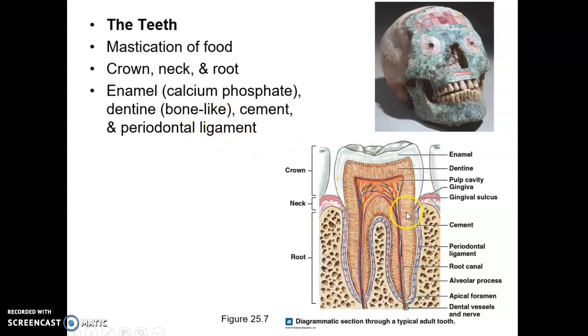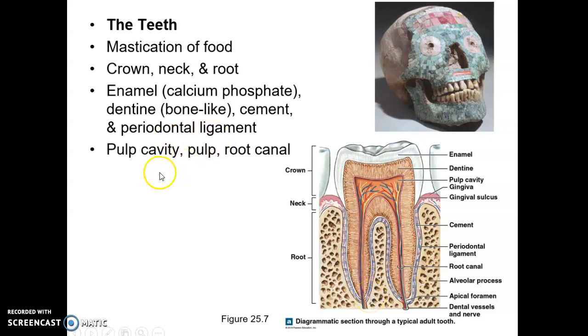And then covering the roots, or root, is cement, which helps anchor the tooth to the tethering periodontal ligament, which is kind of in blue here. The periodontal ligament helps hold the teeth in the sockets.